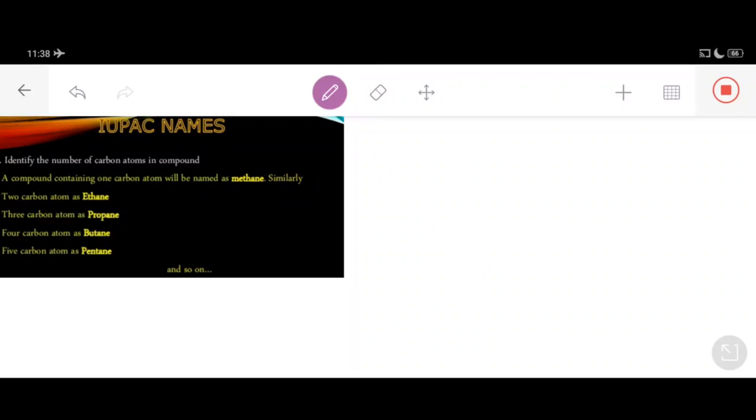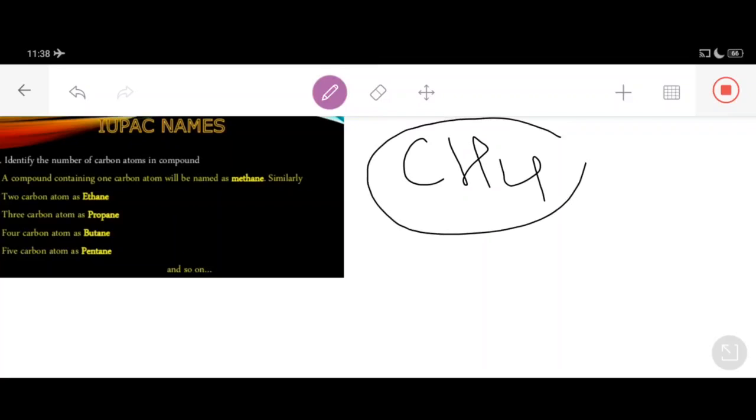For example, my dear students, the first example is CH4. The moment I have to give this a name, that name should be in accordance with the IUPAC nomenclature. Mark my words.